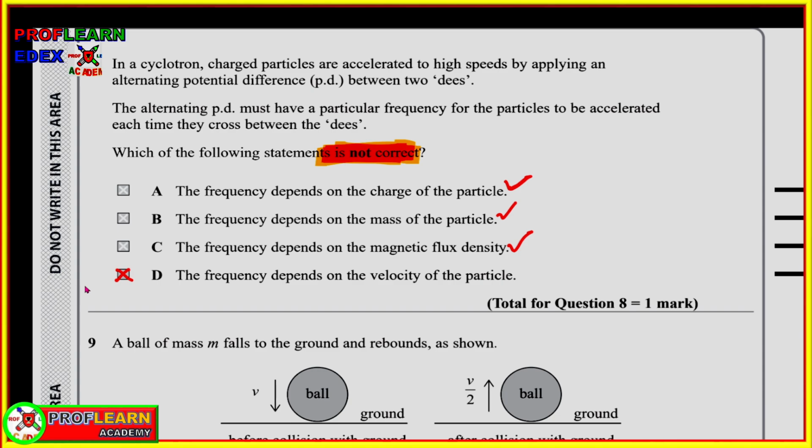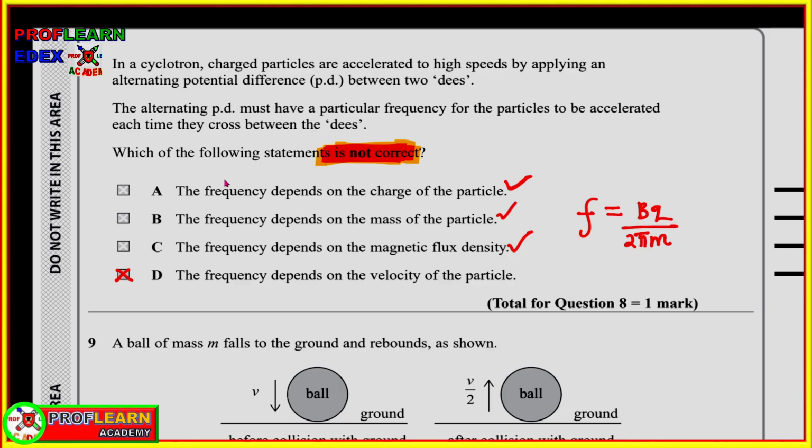And the reason as to why we are saying that is that for cyclotrons, frequency is equal to BQ over 2 pi m. So you can see now frequency is dependent on the magnetic flux density, the charge, which we can use capital Q or q, and the mass.